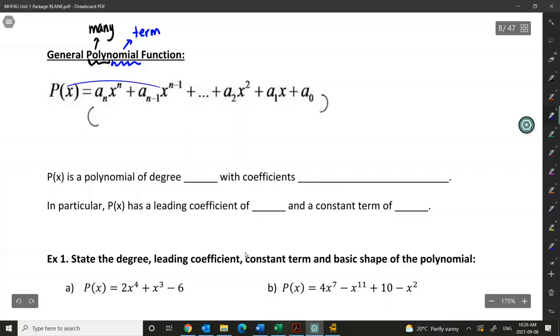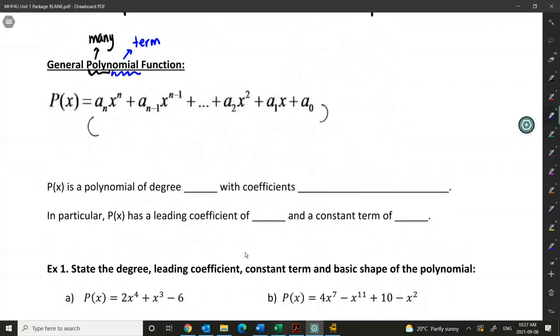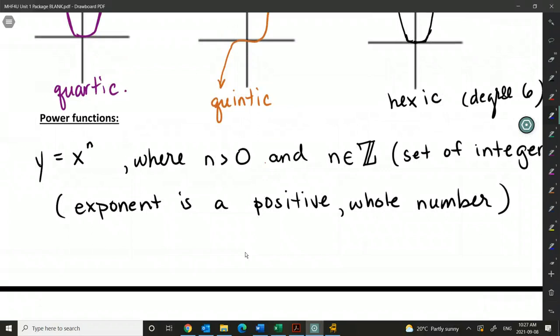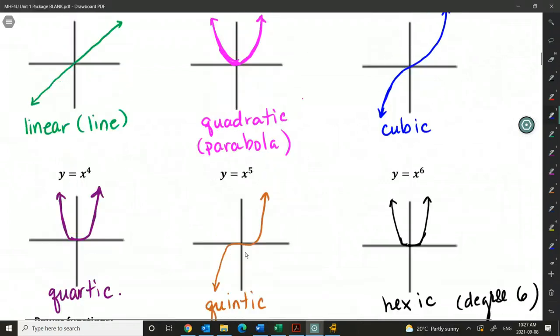So this guy right here looks a little bit scary right now, but don't worry, it's not super scary. So when we move from power functions into polynomial functions, they will be multi-term expressions rather than just y equals x to the 2 or whatever.